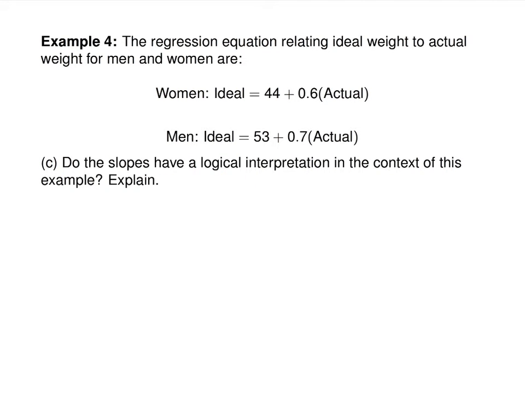So, do these slopes have a logical meaning? Let's interpret one of them and see, okay? Let's look at the lady slope. M equals 0.6. What are the units of the y? Y's the ideal weight. What's the x? Actual weight.